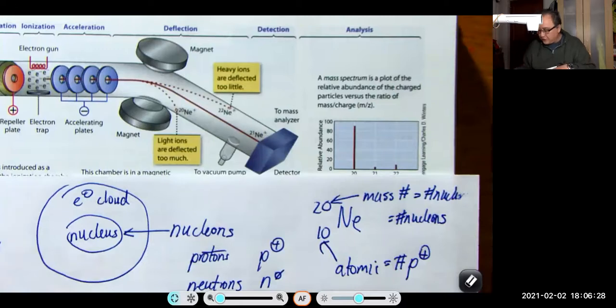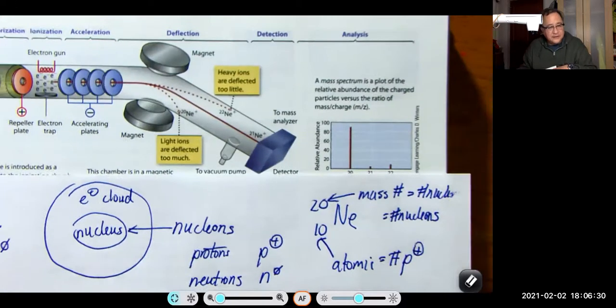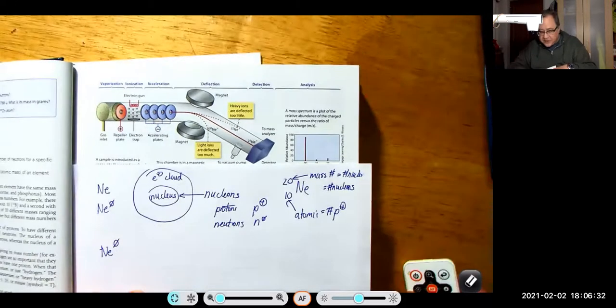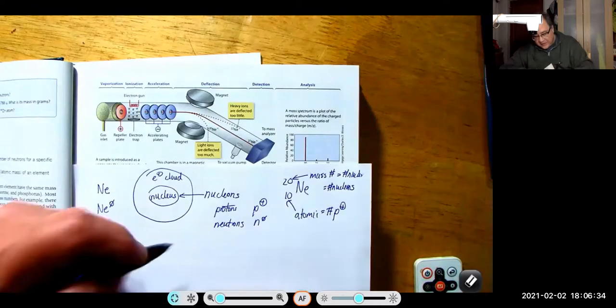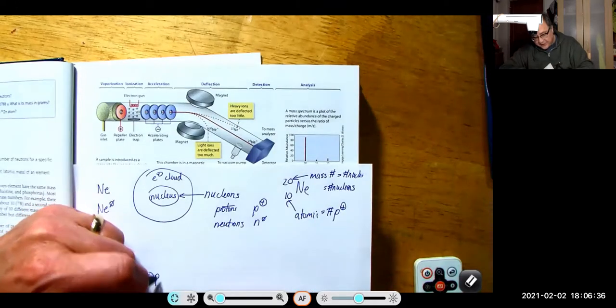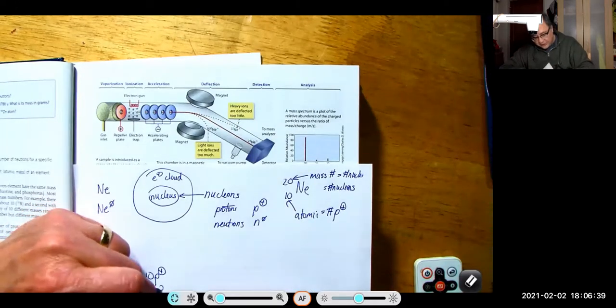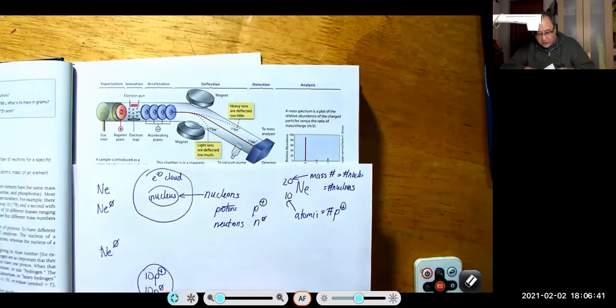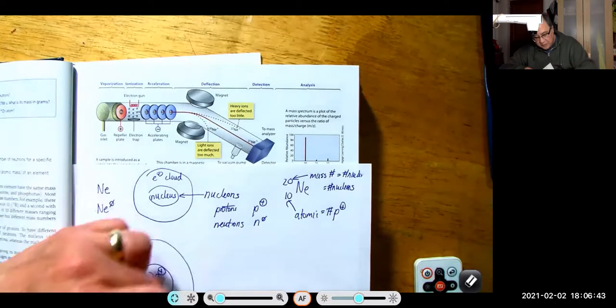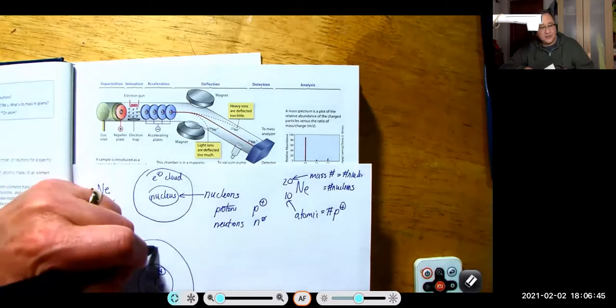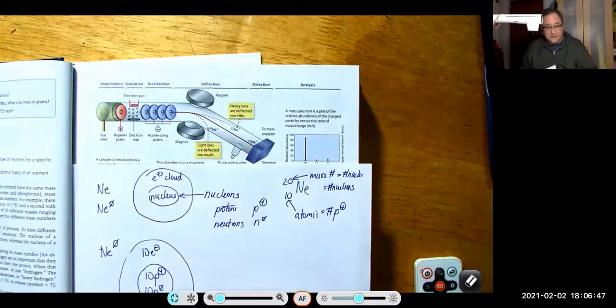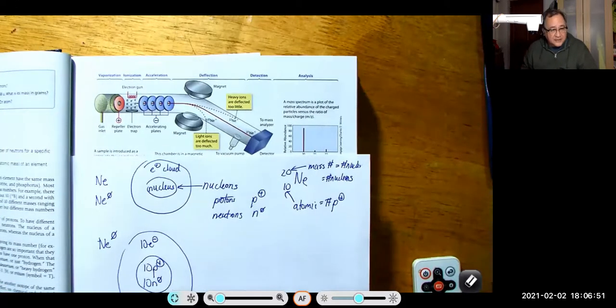So for this particular neon, we've got 10 protons, 10 neutrons, so 20 nucleons total, and we're going to have 10 electrons because the atom is neutral. Charges are additive.